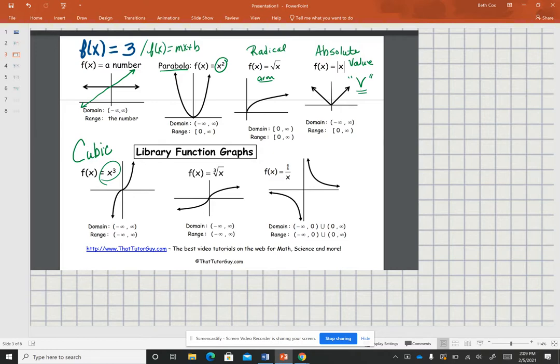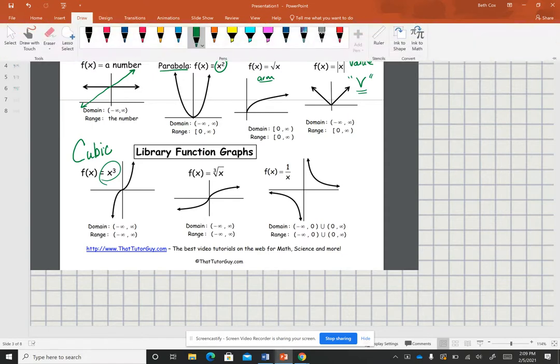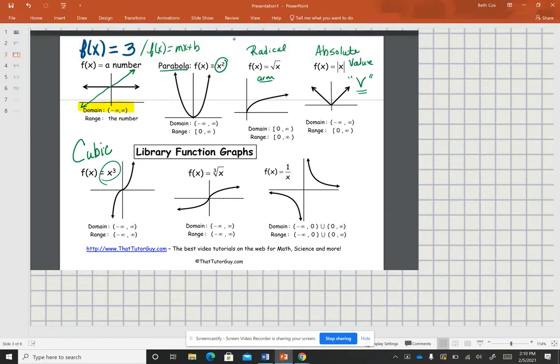Now, I want to show you something about each one of these that we might want to pay attention to. The domain. Now, most of these have the default domain of negative infinity to positive infinity, because we know that when it comes to finding the domain, when we look at an equation, if it has a radical, we have a domain issue.